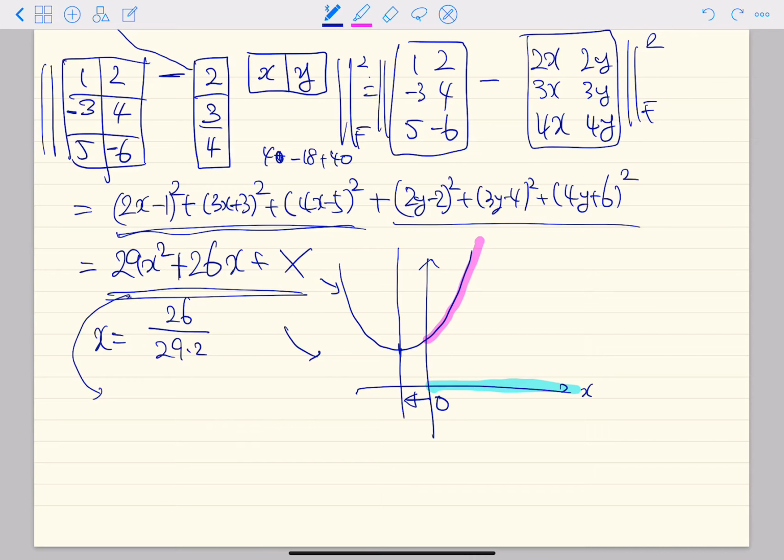In this constrained optimization, where x is always greater than or equal to 0 in this region, by looking at the shape of our objective function, the minimum value is achieved when the x value is 0, right?